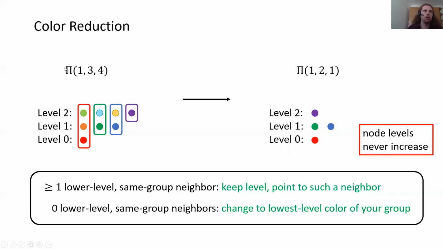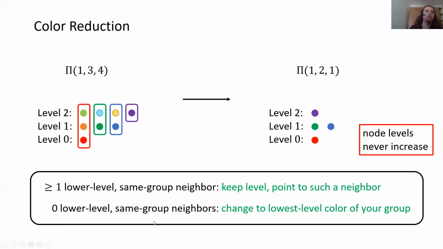If I'm a node that has a color but changes to a pointer node, then the node I point to will be a neighbor of mine that has a lower level. So I will point to a lower level node, which is correct. And if I'm a node that changes to the lowest level color of my group, then I claim there is no neighbor of mine that can change to the same color.